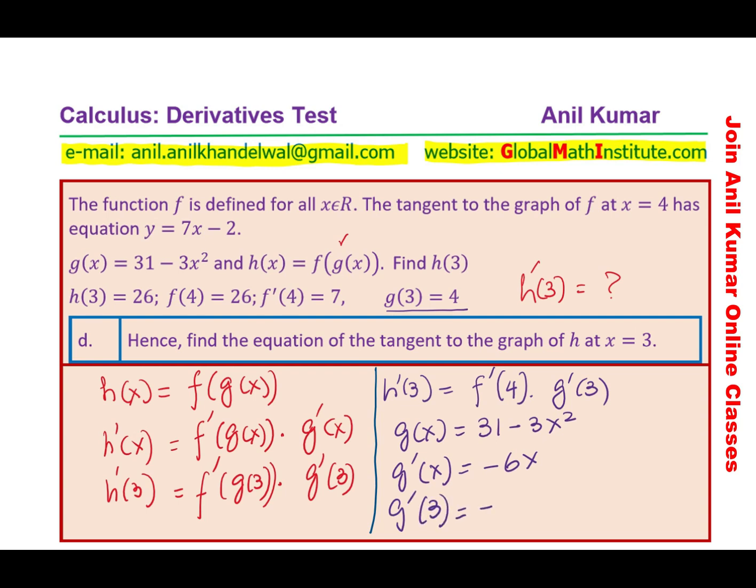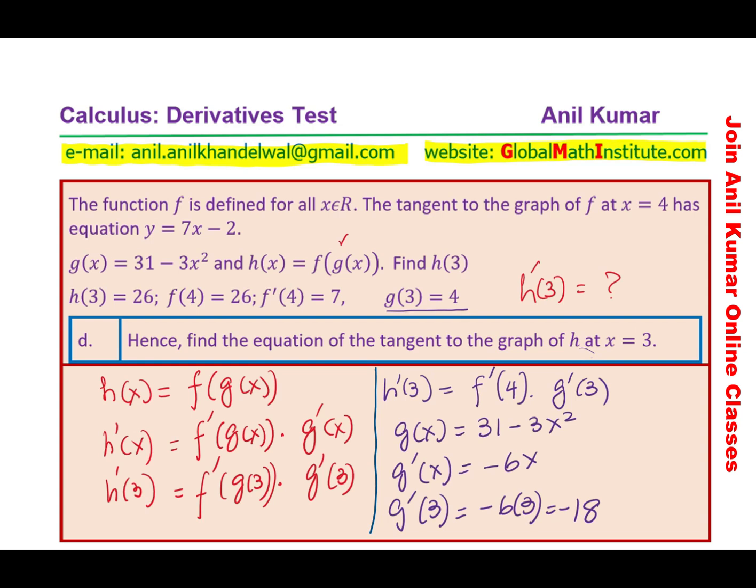Let's substitute 3 here. We get minus 18. So we know what g prime of 3 is, which is minus 18. Perfect. So now we'll get the value, right? Because we know the derivative at 4, correct? And now the derivative at 3 is minus 18. We plug it in and get our solution, right?